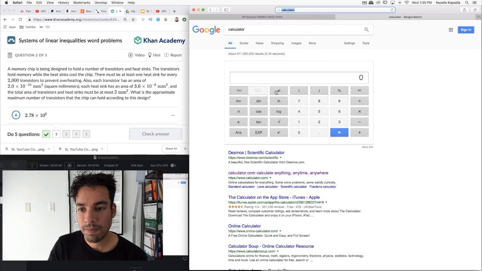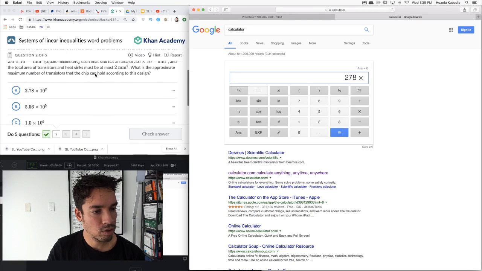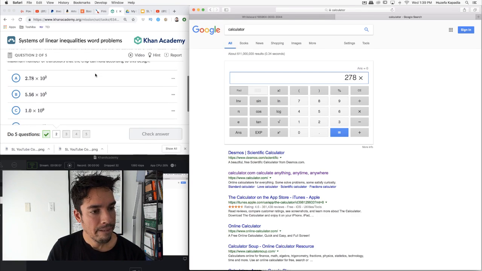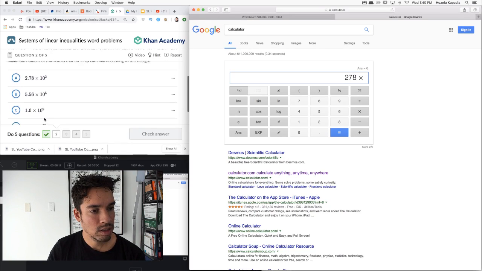Here we go. So let's say we have 2.78, that's basically 278, times, oh my god, I think that's just way too small. I think we can go way bigger than that. Okay, so I think this one is just way too tiny.